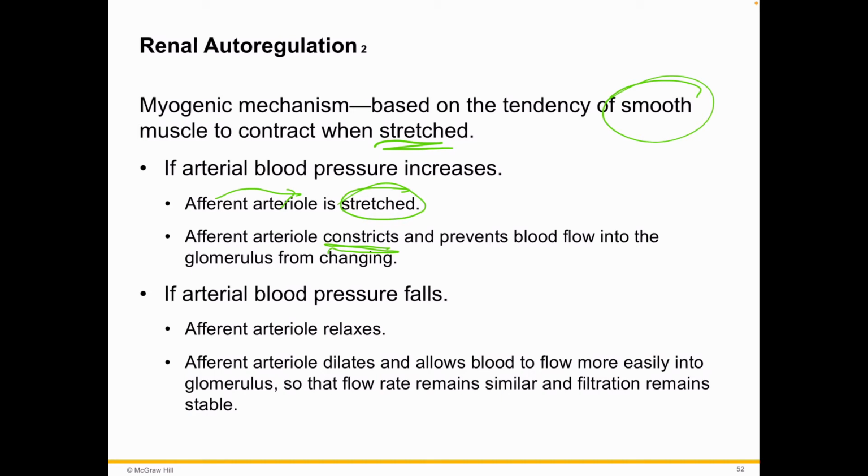However, if the arterial blood pressure falls, the afferent arteriole is going to do everything it can to fill up the filtrate in that glomerulus, so it's going to open up, dilate, and relax, and get as much in as it can. The afferent arteriole dilates and allows all that blood flow to move more easily into the glomerulus, filling it up. And hopefully the body thinks, let's just hope this is temporary, right?